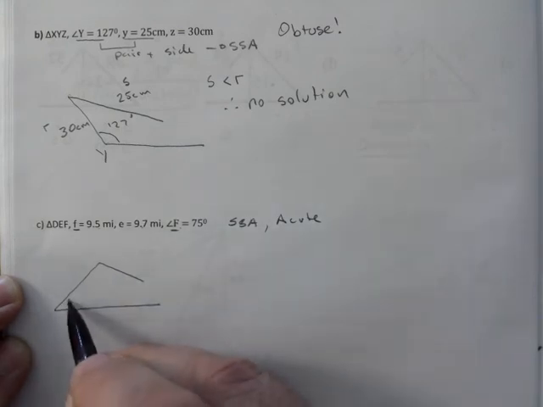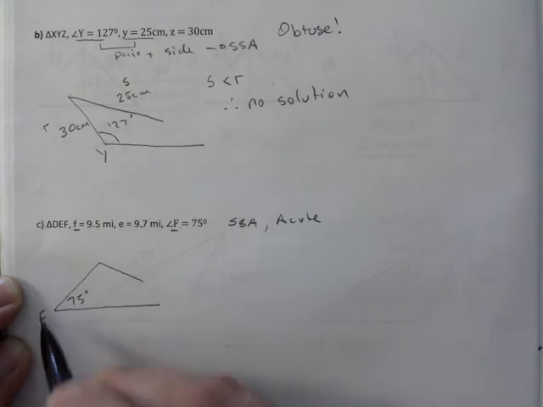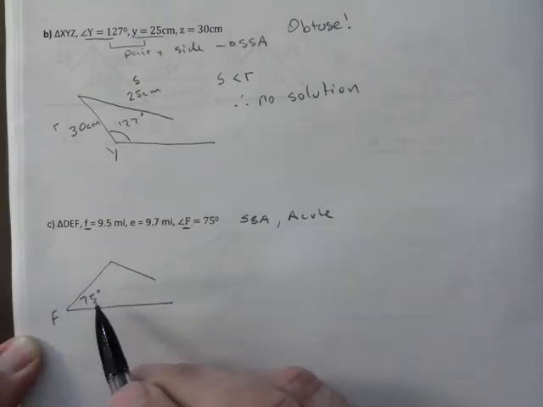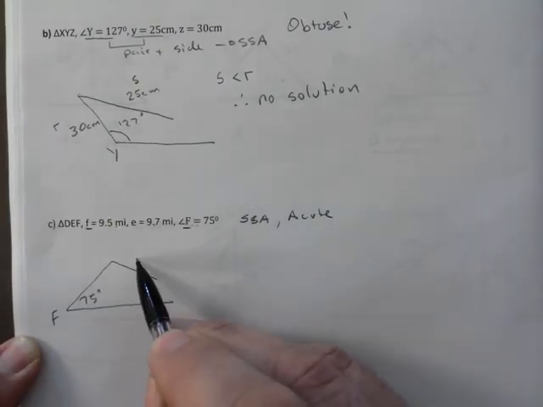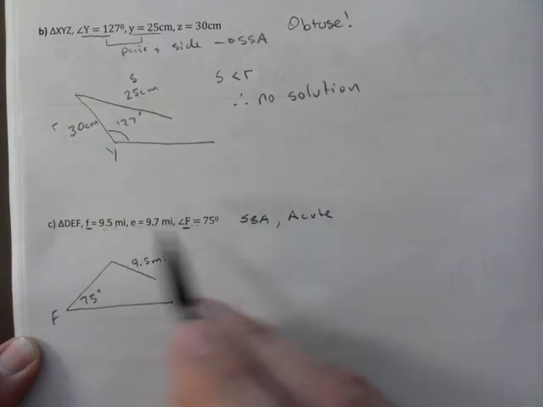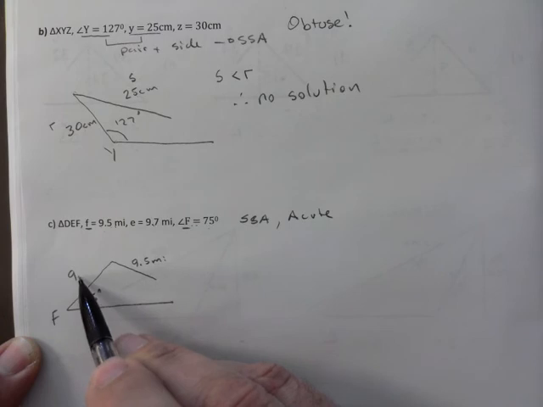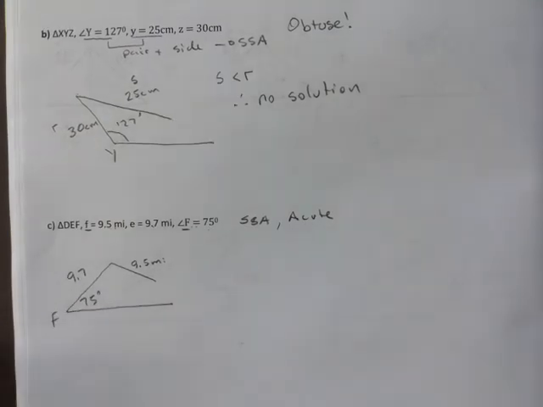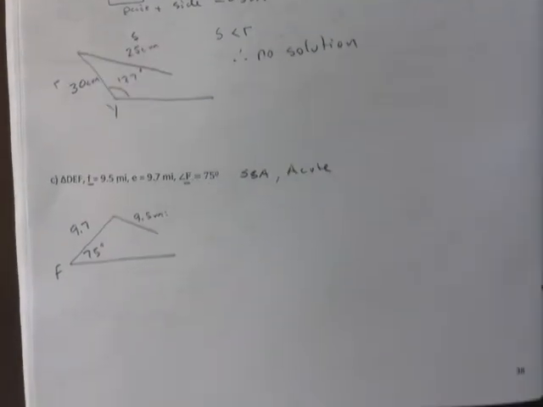And the angle given, which is angle F, I put it in that corner, and I make sure side F, otherwise this won't work for you if you don't put them across each other. This is 9.7. This might be a two triangle scenario right here. This is a candidate for that.